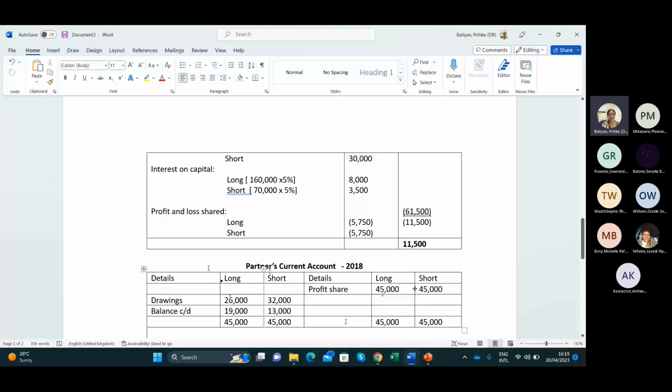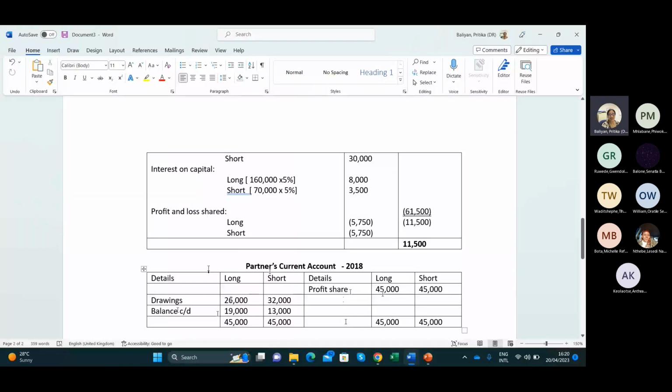It doesn't show the capital unless we are using the fluctuating method, where we combine the capital and the current account together. So we only write how much share they are getting as interest, as salary, or as commission, then how much they've withdrawn. They've withdrawn 36,032.